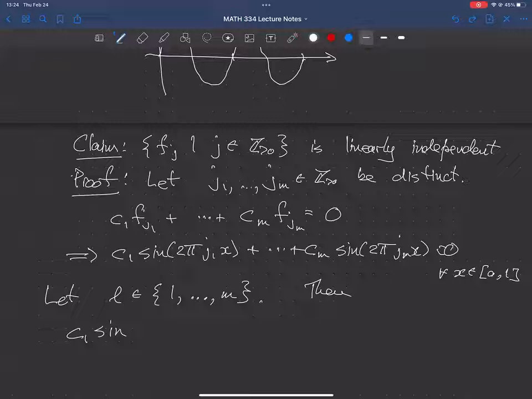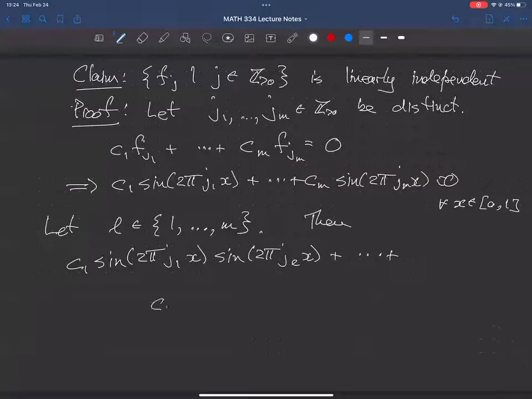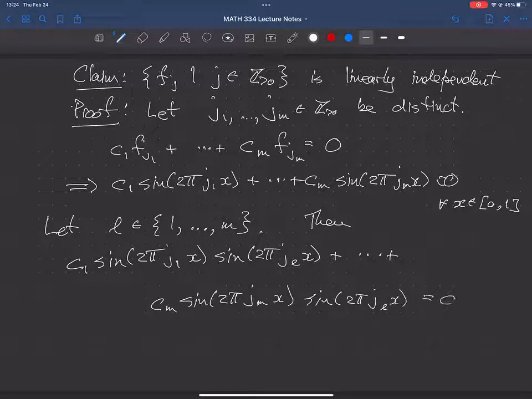So it's c1 sine 2 pi j1 x sine 2 pi jL x, and I have m of these, and that's still equal to 0.